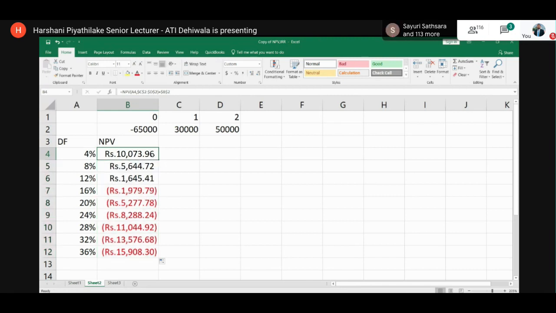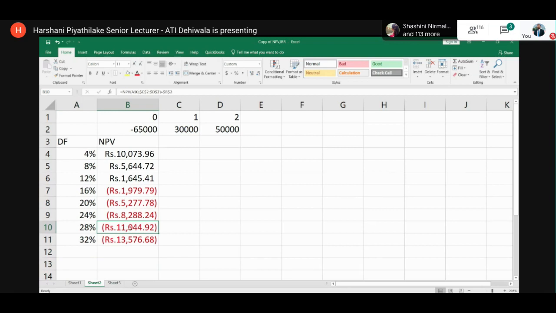Right? Now you can see it gives positive values up to 12%. Thereafter, negative NPVs up to 36%. No need actually for this much. You have 3 positive values, then 3 negative values is enough. Not to worry, we'll delete the last one. Otherwise, it is too much.